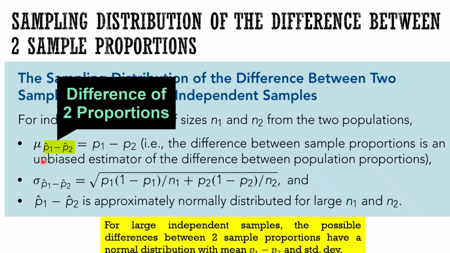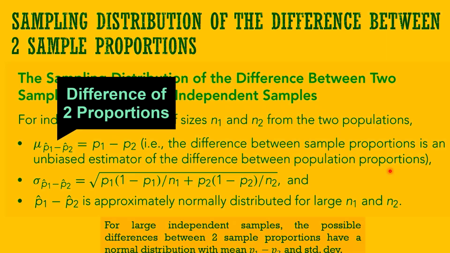Mu sub p hat sub 1 minus p hat sub 2 is the mean of the difference, and that will always be equal to whatever the difference of the population proportions is. So again, the mean of the difference of all possible sample proportions will be equal to the difference between the two population proportions. That is, the difference between sample proportions is an unbiased estimator of the difference between population proportions.